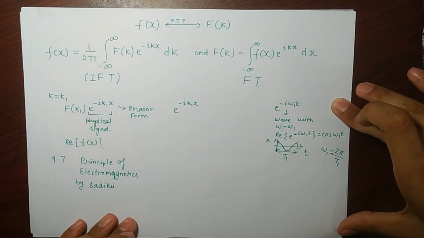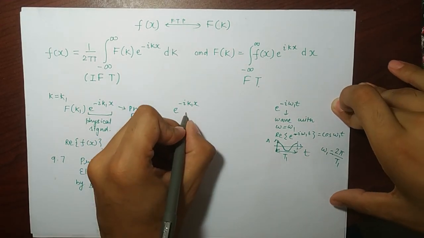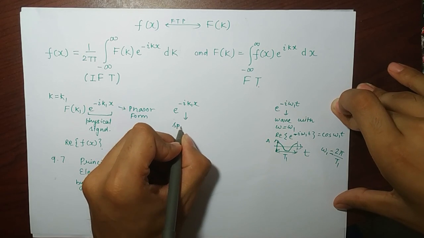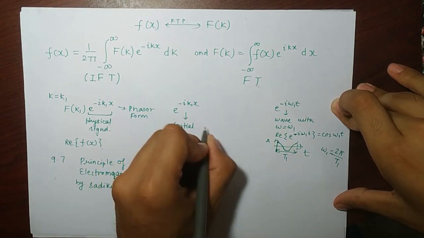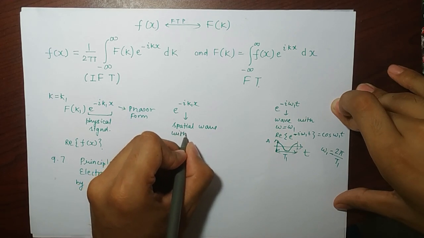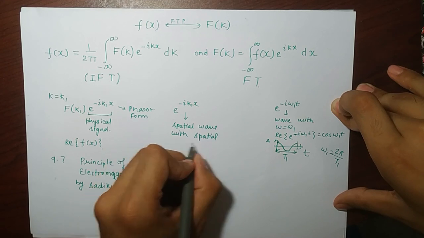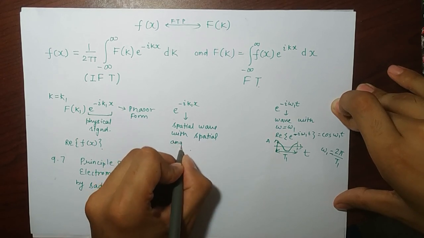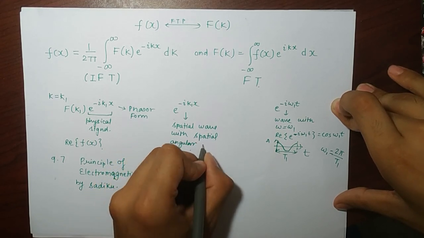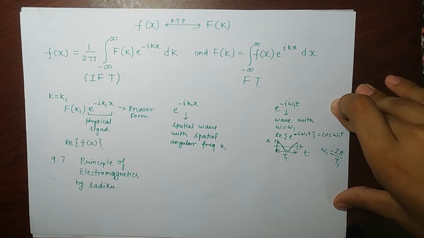Fine. So this particular signal corresponds to a spatial wave with spatial angular frequency k1. Fine.